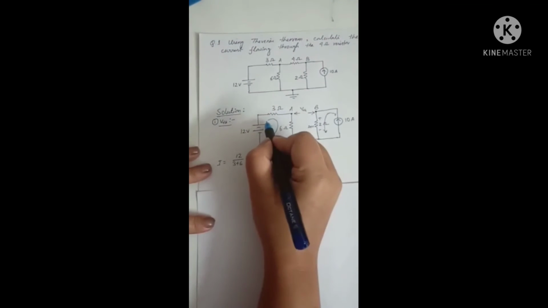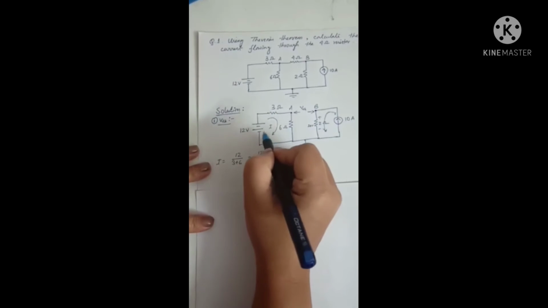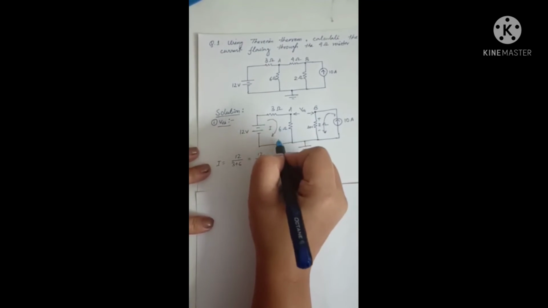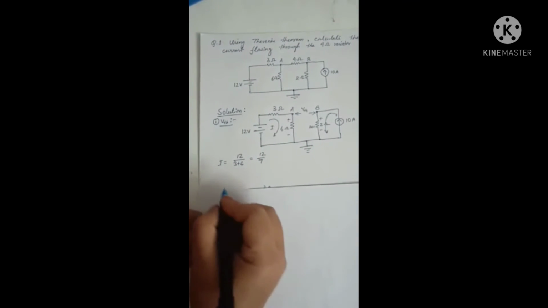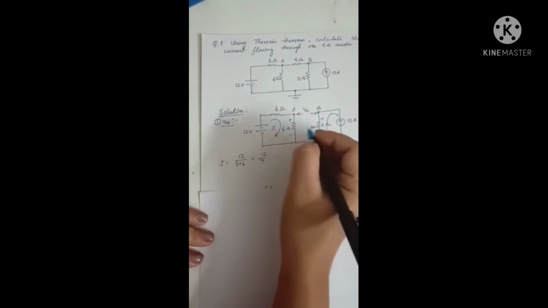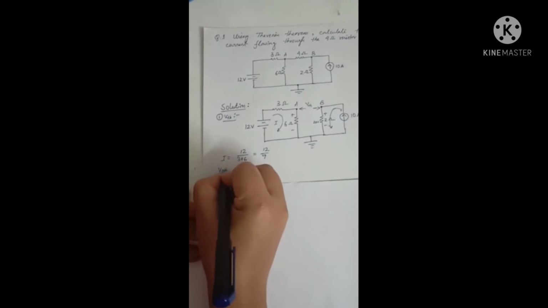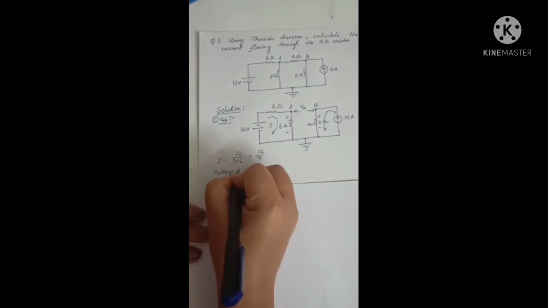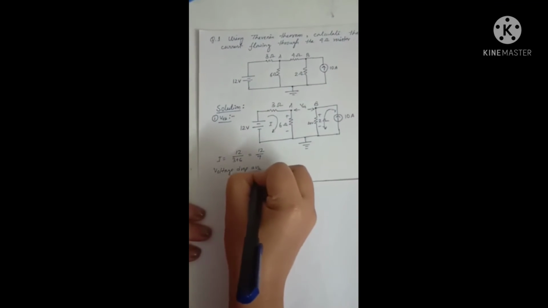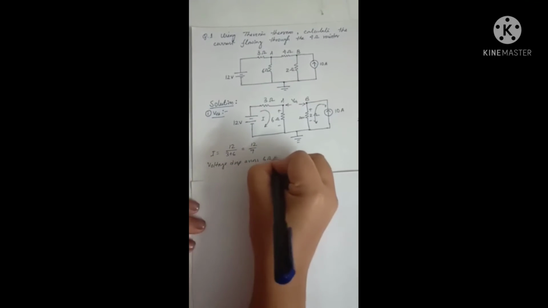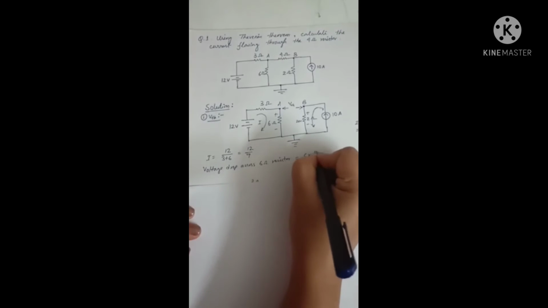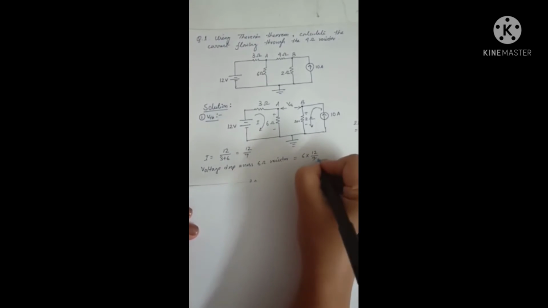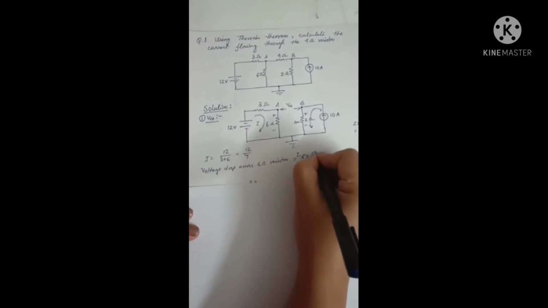That means the current is actually flowing in this loop in clockwise direction. So this will be plus, this will be minus. So what will be the voltage drop across this 6 ohm resistor? The voltage drop across 6 ohm resistor will be equal to 6 into 12 by 9. So this is 8 volt.